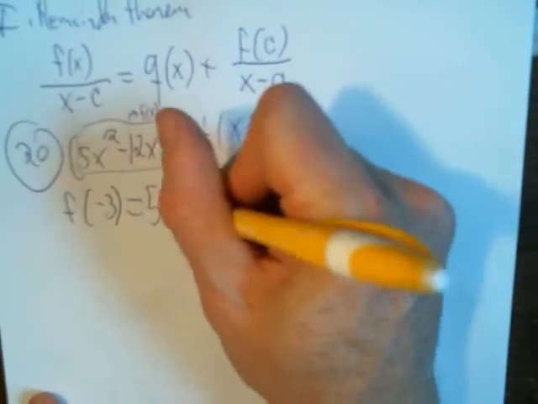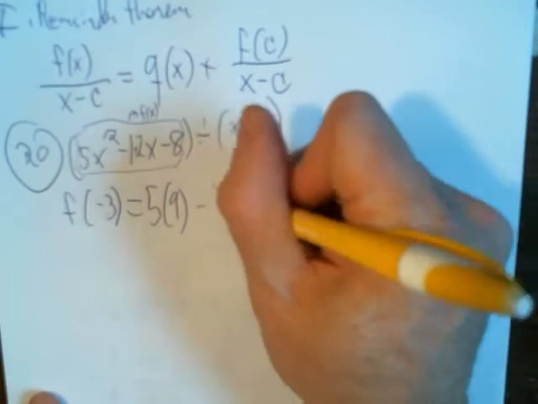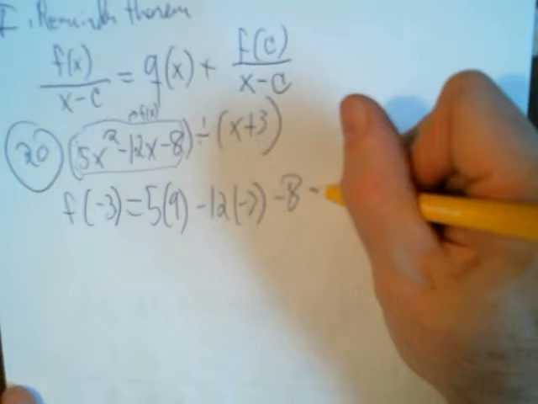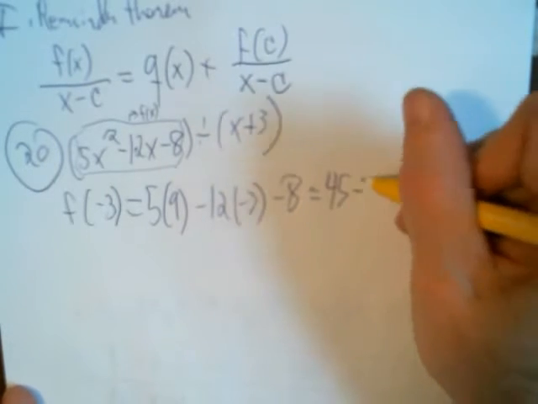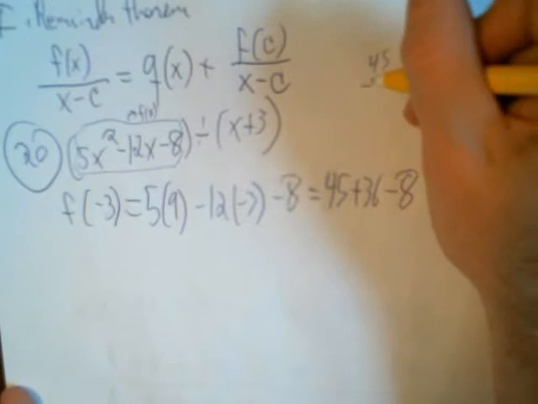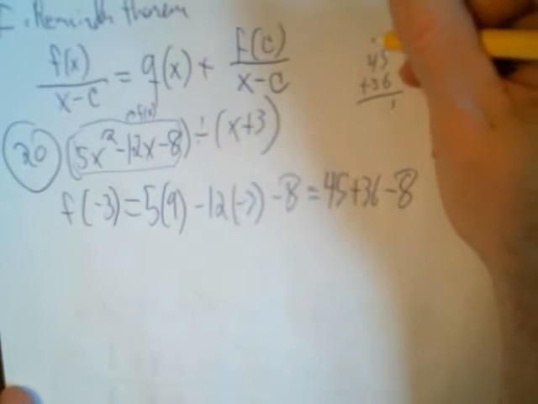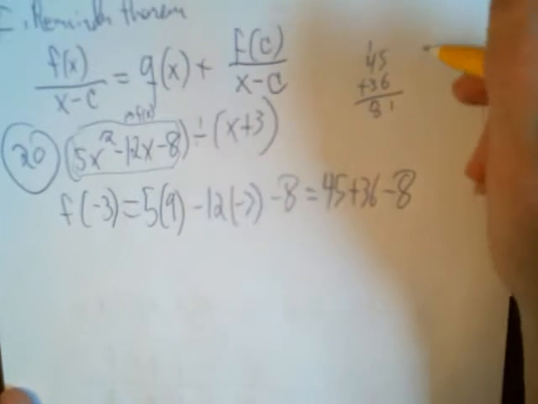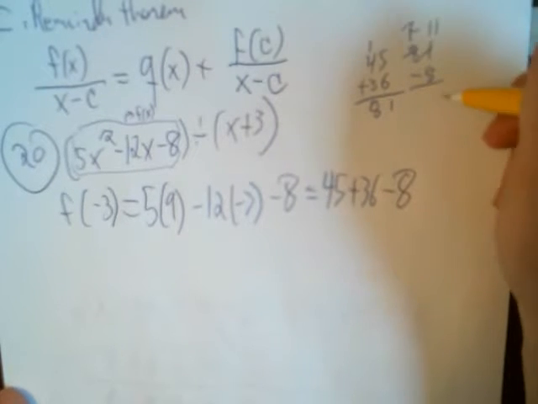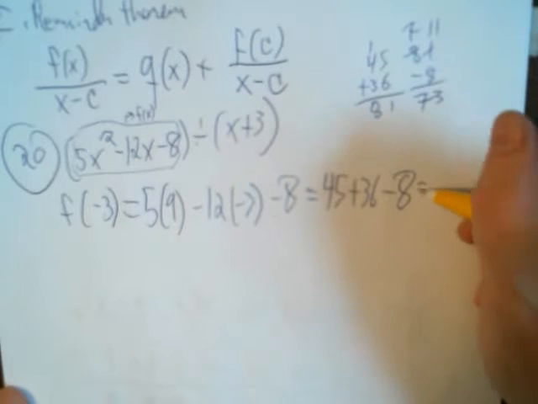So if you put negative 3 in there, you get 5 times 9 minus 12 times negative 3 minus 8, which is 45 plus 36 minus 8. Okay, so 45 plus 36 is 81. 81 minus 8 is 73.